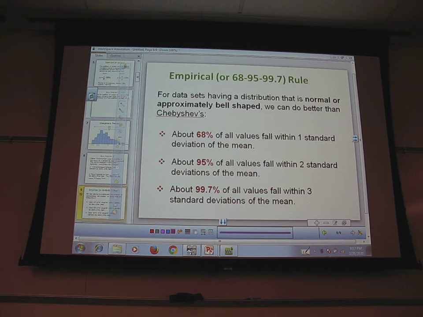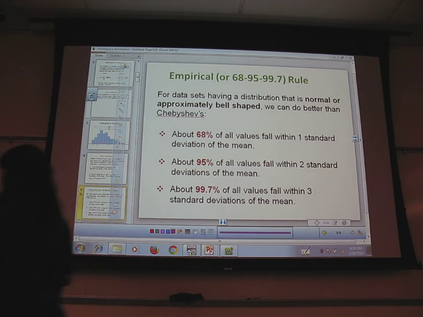The empirical rule says right around 99.7%. It gives you a much smaller range. Though again, the restriction is it has to be normally distributed. It also says about 68% will fall within one standard deviation.